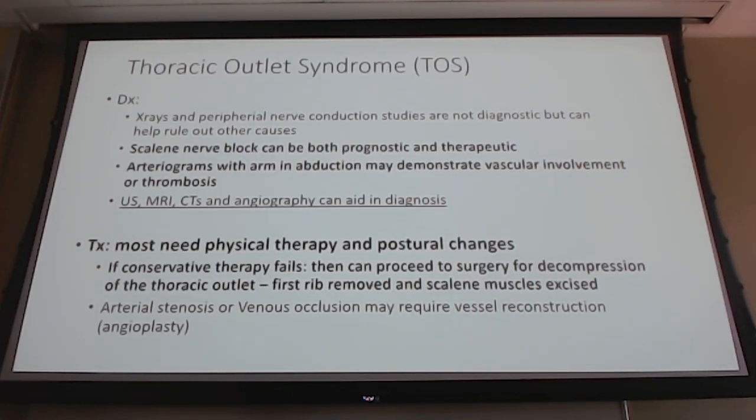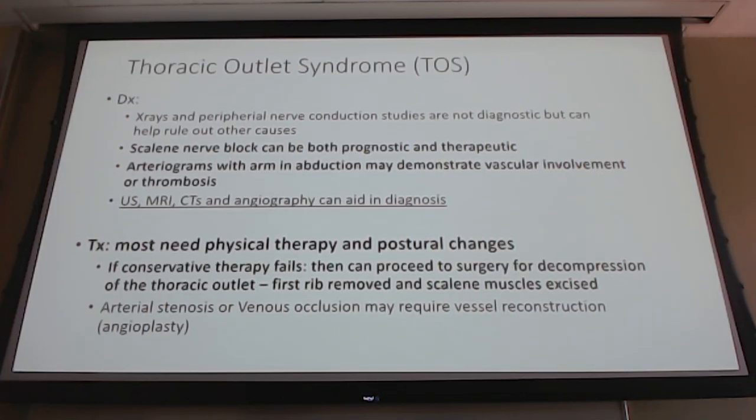Most will just need physical therapy, postural changes, changing how they sleep. If, for whatever reason, the conservative therapy fails, we can actually do a surgery of what we call a decompressive thoracic outlet, where we remove their first rib. I've yet to see this. This is one of my unicorns that I want to see at some point. So yeah, we basically go in, remove that first rib, and it allows for extra space within that upper thoracic region.